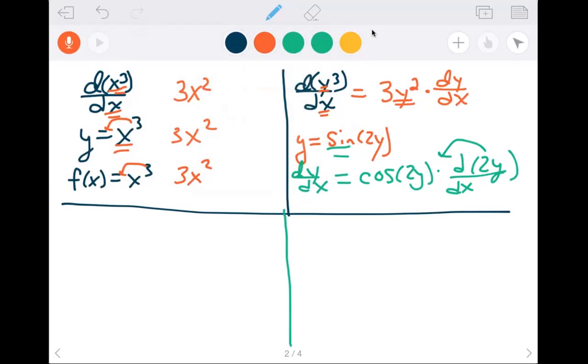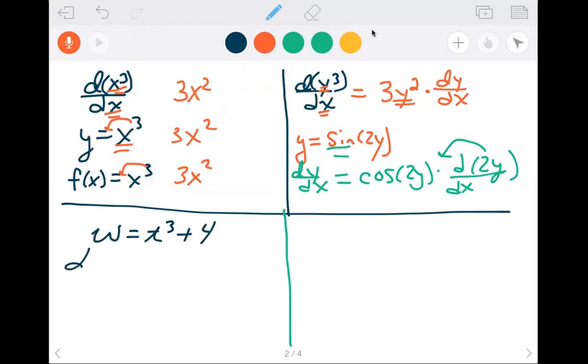So next up, what I want you to do is write, let's say w is equal to t cubed plus 4. We would say w is a function of t.